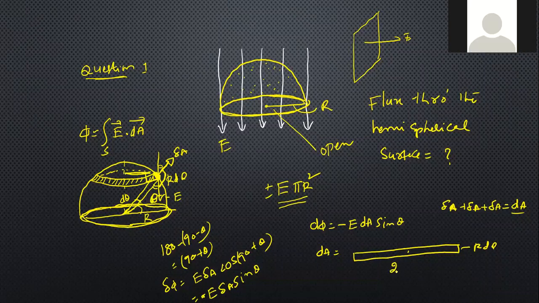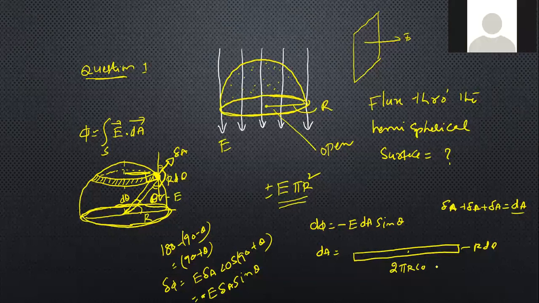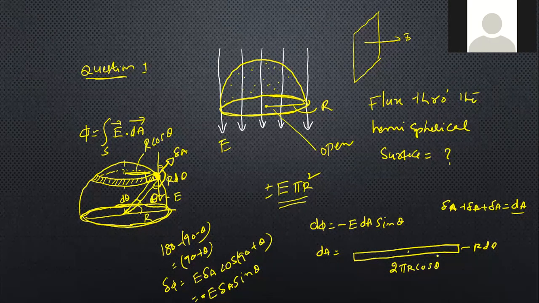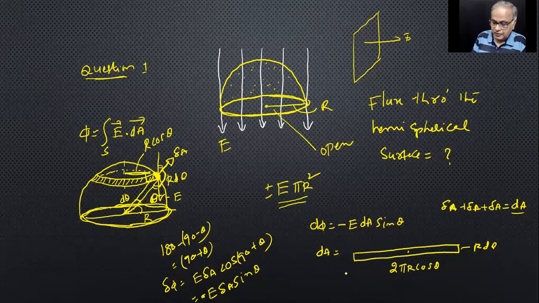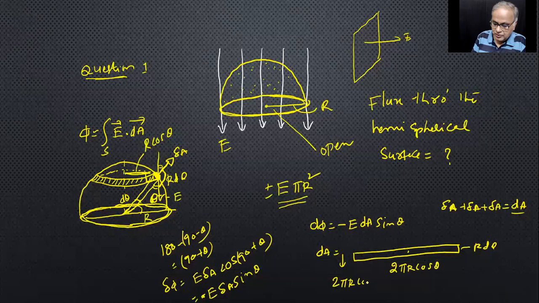So the length of the ring is 2 pi R cos theta. Do you agree? So 2 pi R cos theta will be the length of the ring and R d theta is the width. So dA will be what? 2 pi R cos theta times R d theta, right?